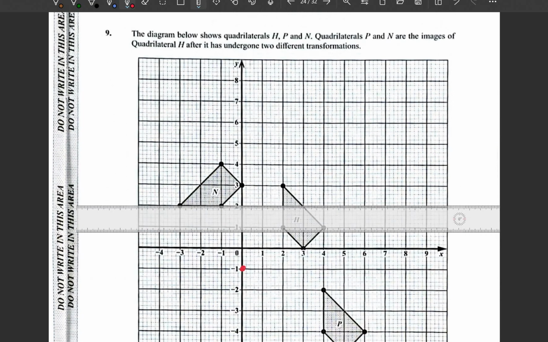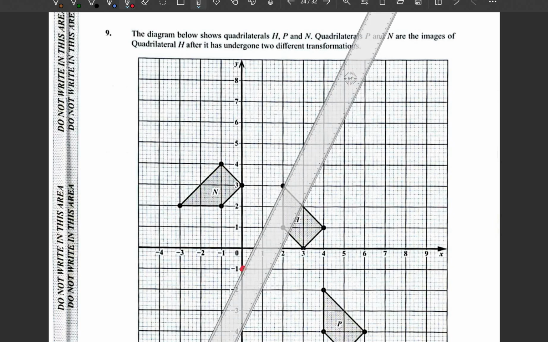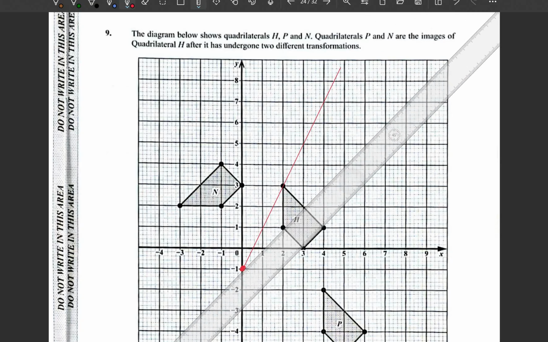Right, and then we go ahead and run a line from our center straight out.